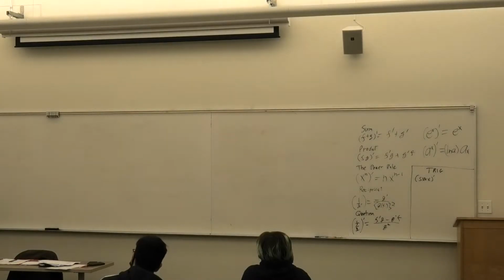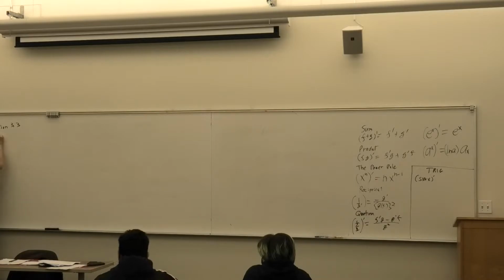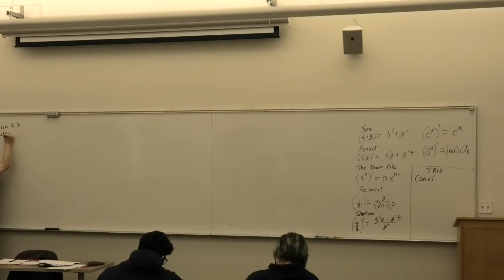Think of this as a journey back to high school in a way, because all of this is high school math until we get to limits. This is in the book, if you want to go back over it. It's section 3.3, the derivative of the sine of x.